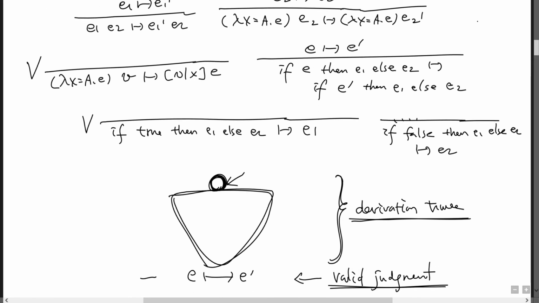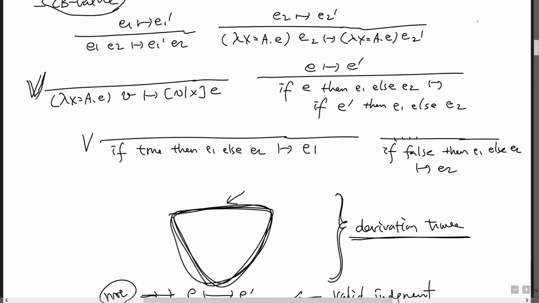So this is the root of the derivation tree, and at the other end of this derivation tree, at this position of a leaf, we have an application of either this rule, or this rule, or this rule.